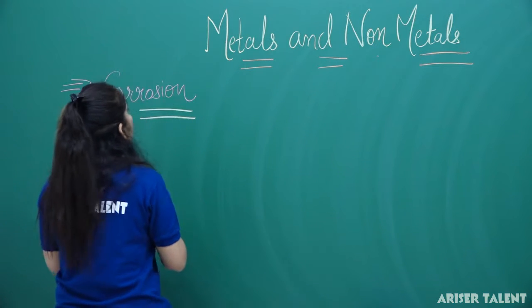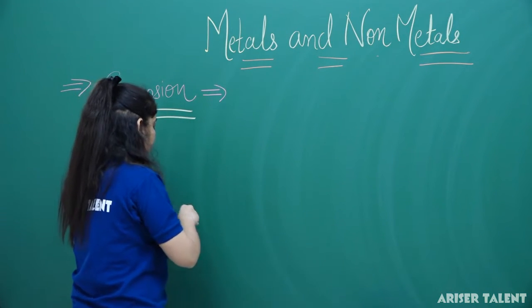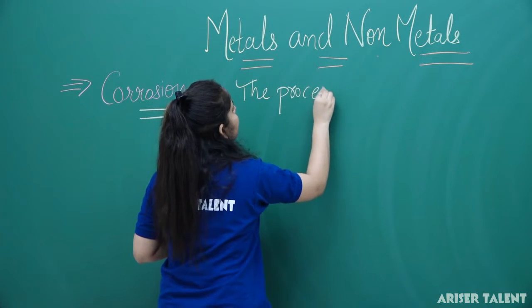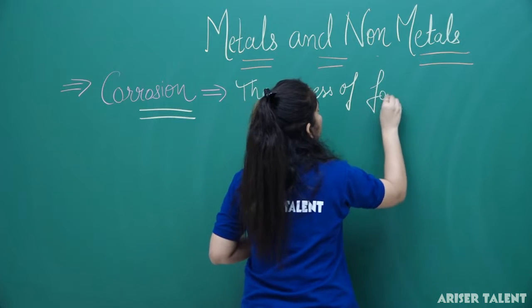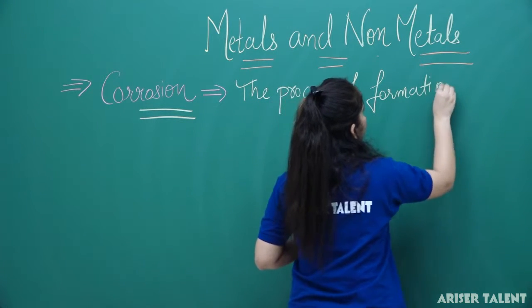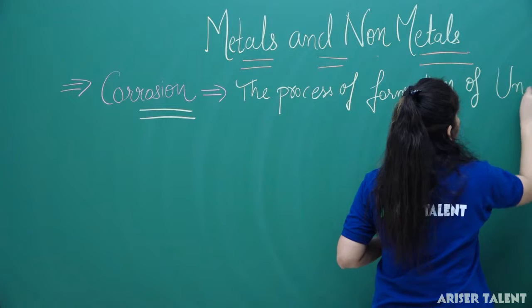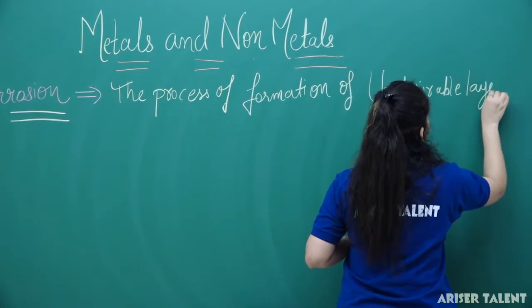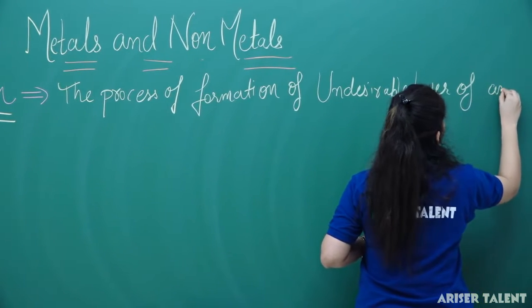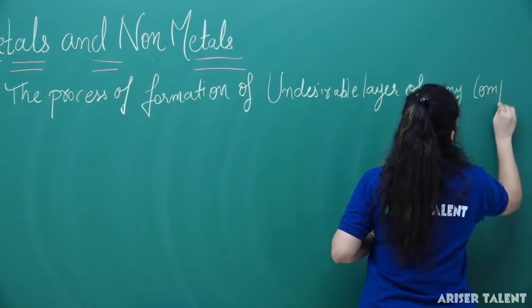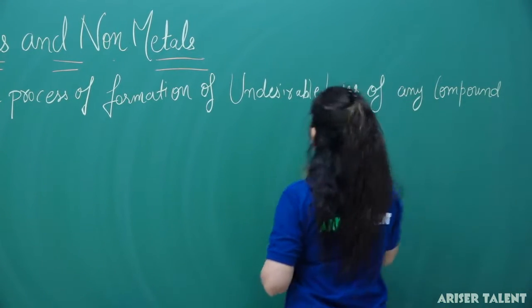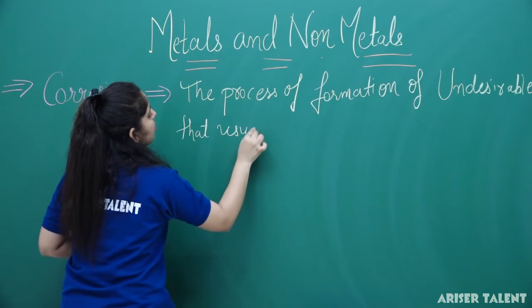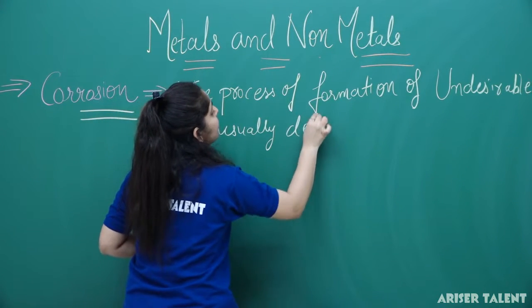So corrosion is the process of formation of an undesirable layer of any compound that usually deteriorates the metal.